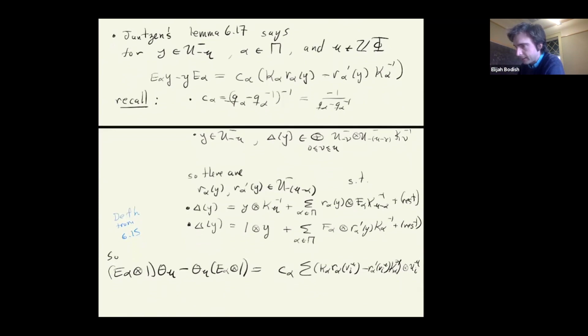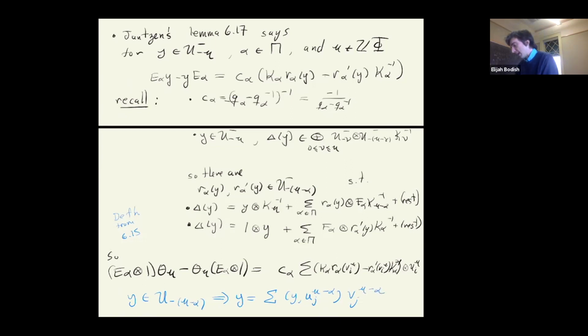So if y is in U minus mu minus alpha, so that's where the R alpha of vi mu's are, then I would have y equals, and I can rewrite this as a sum of, I take y and I pair it against uj. This is now my basis that I've fixed in the mu minus alpha component of U plus, and then times vj, the basis that I fixed in the minus mu minus alpha component of U minus.